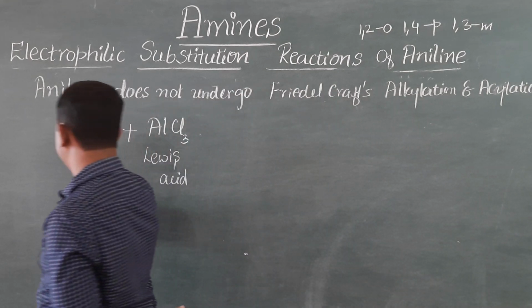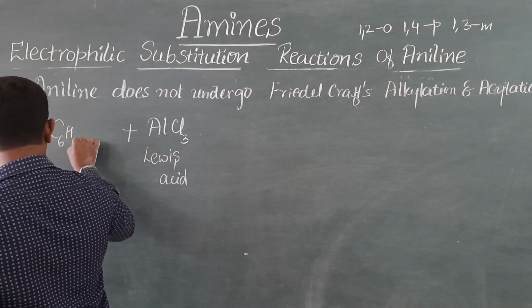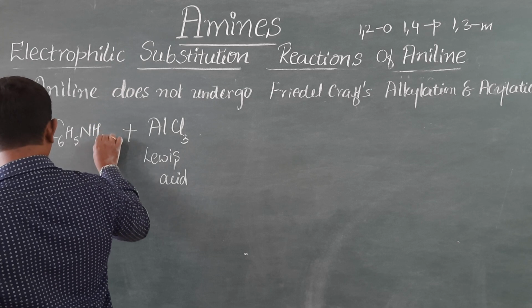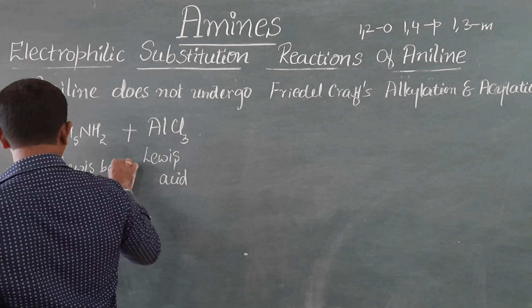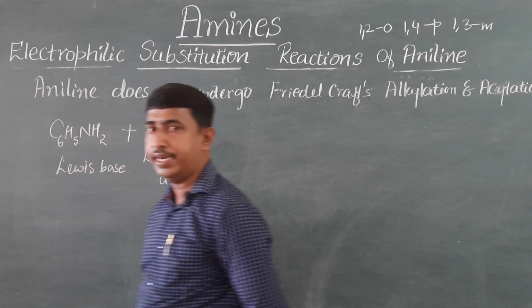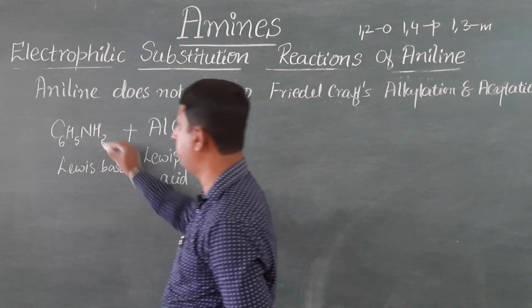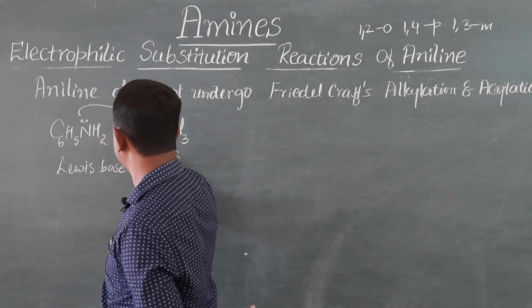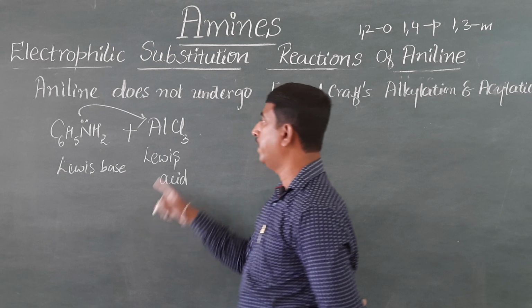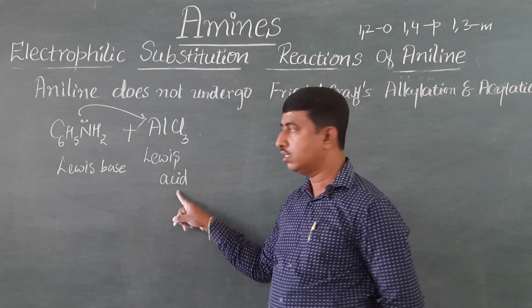What about aniline? Aniline is a Lewis base. Lewis base means it readily donates a pair of electrons, because upon nitrogen there is a lone pair of electrons, and these lone pair of electrons can be readily donated to the Lewis acid.